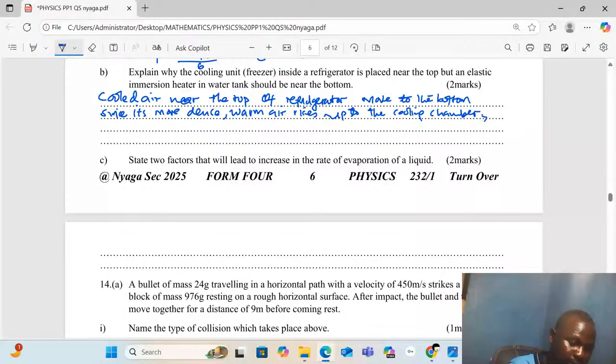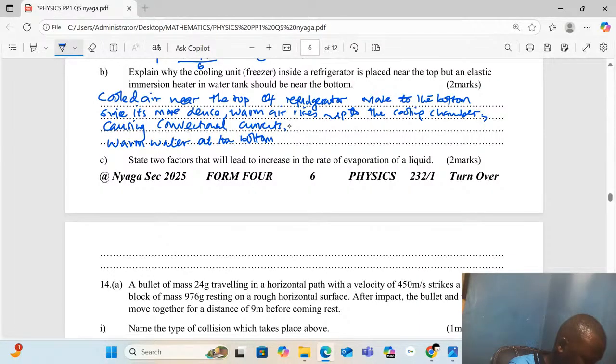And this causes convectional currents. Whereas warm water at the bottom rises up, creating convectional currents.